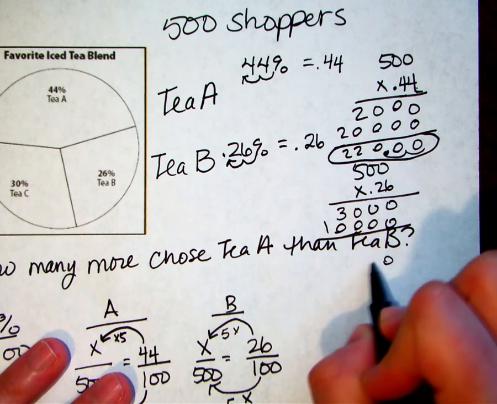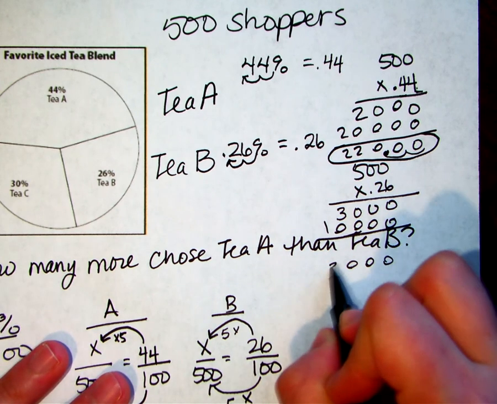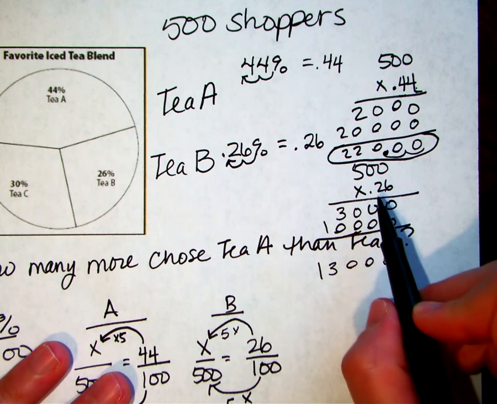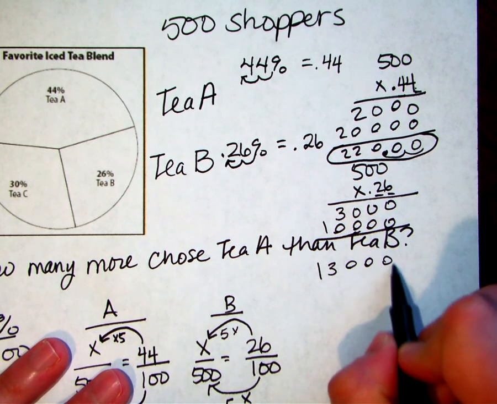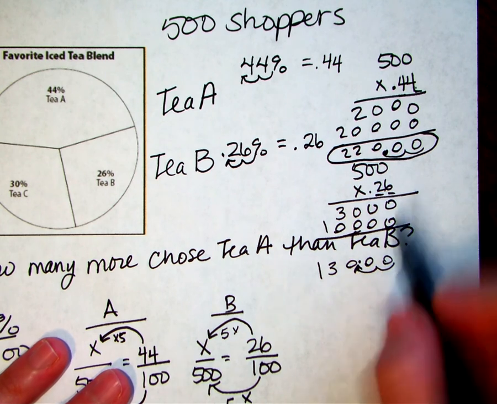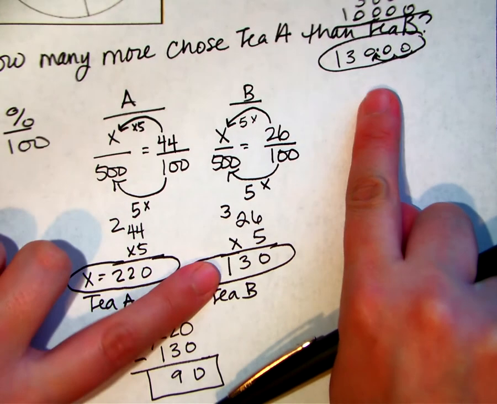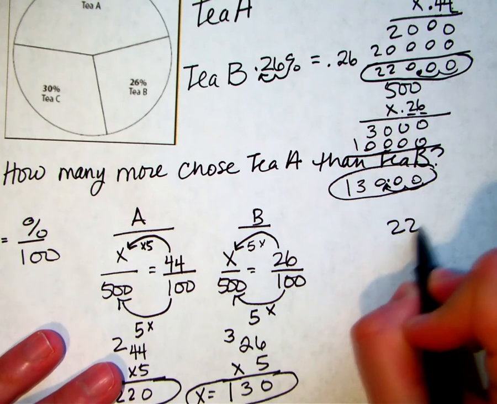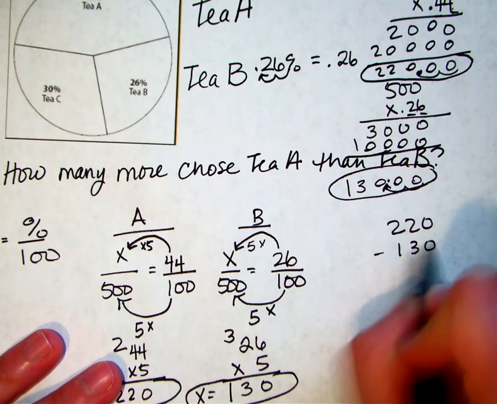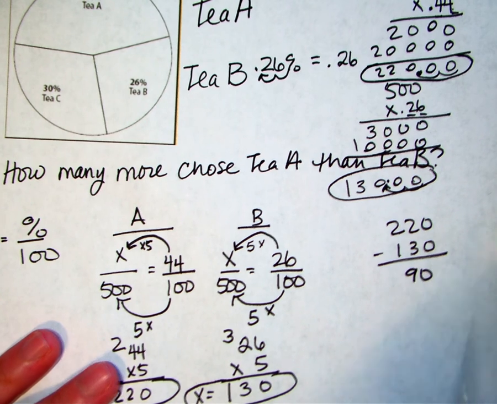So 0, 0, 0, 3, 1. Then you just remember you have 2 numbers behind your decimal. It goes 1, 2. And let's compare to see if we get the same thing. Yep. And then you would subtract your 220 minus your 130 to get your 90.